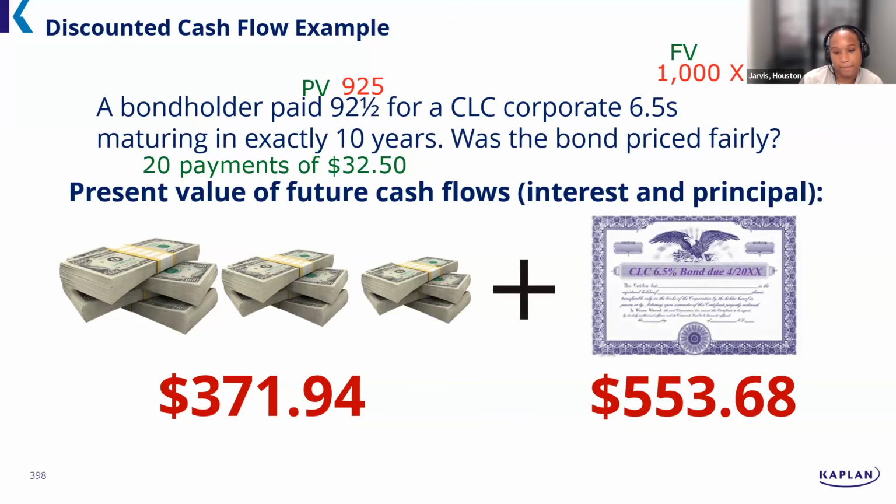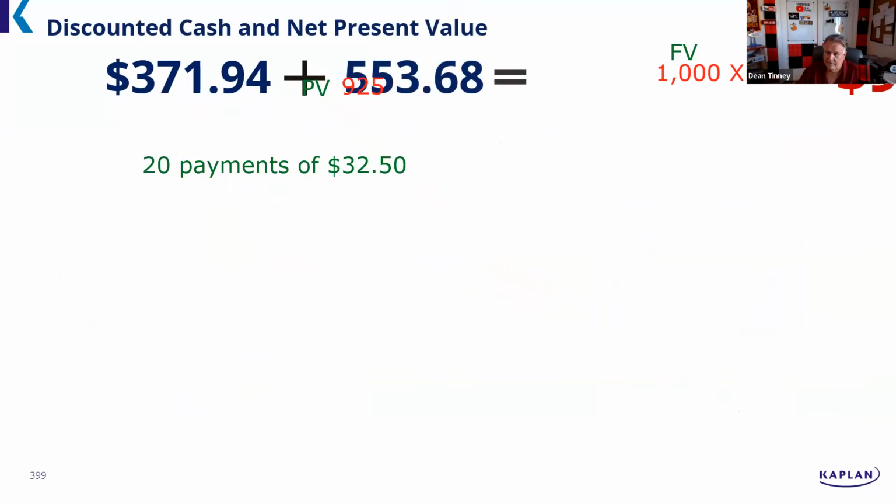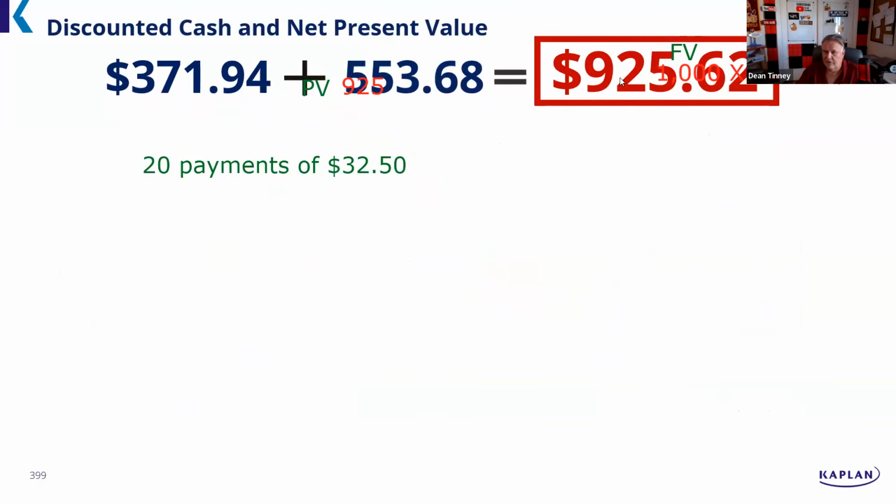Who cares? That's none of the math. All we need to know is the present value of that bond is 925.62, and we paid 925. In the scheme of things, as a customer, I'm not going to be too worked up about that. There's other things besides present value. I doubt you're taking me to arbitration over 62 cents.